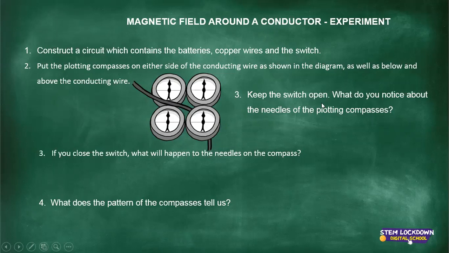Now keep the switch open. If the switch is open, that means electric current is not passing through. What happens to the needles on the compass?